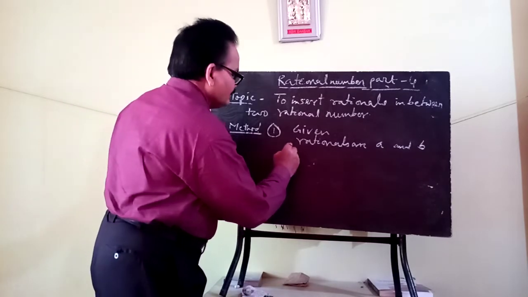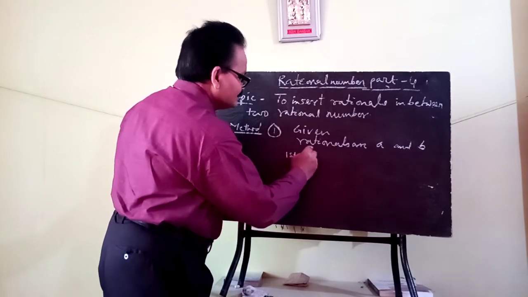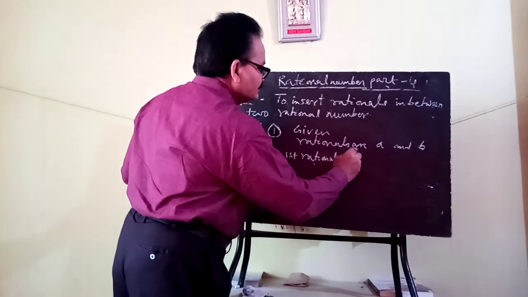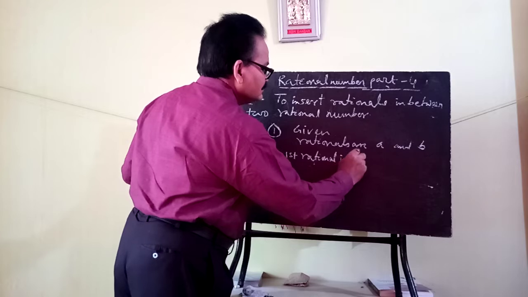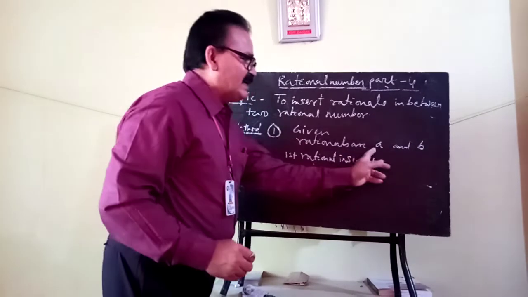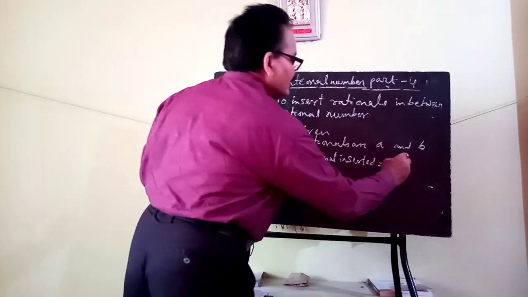So first rational inserted, what you will do? You just add these two rationals divided by 2.